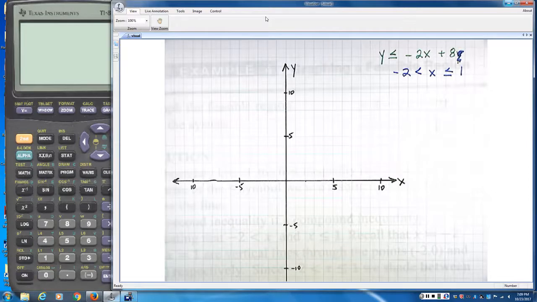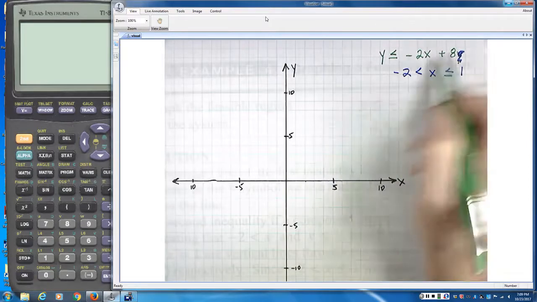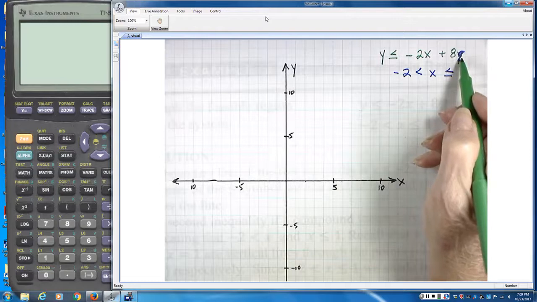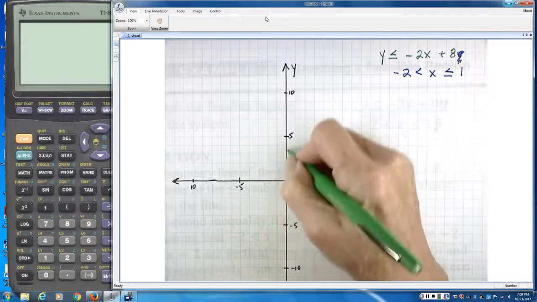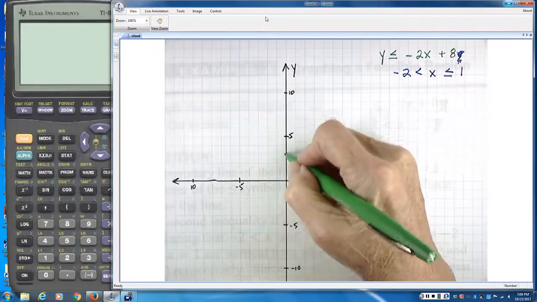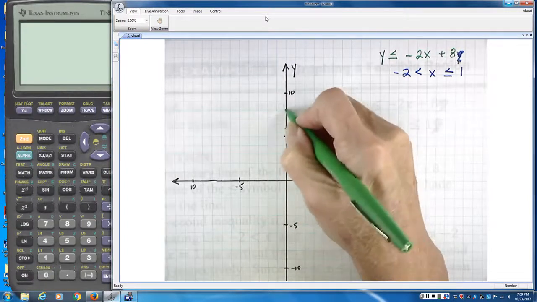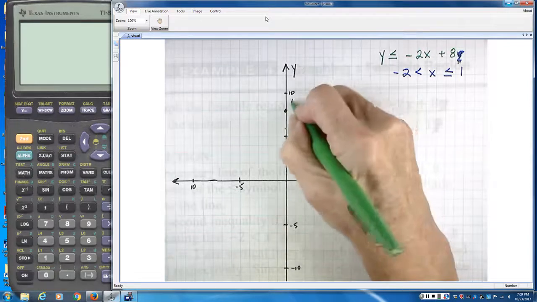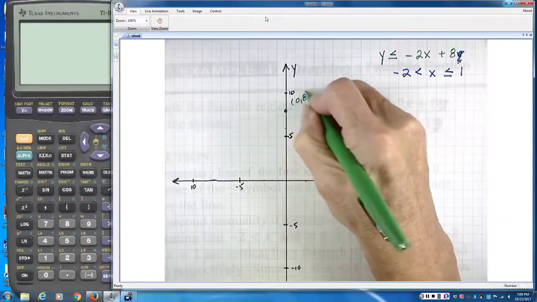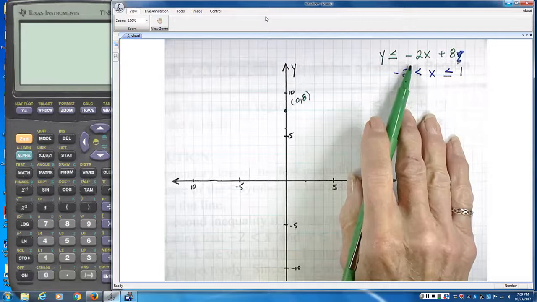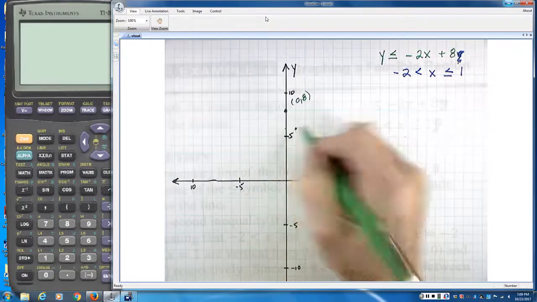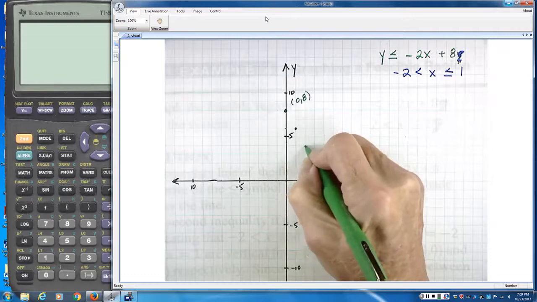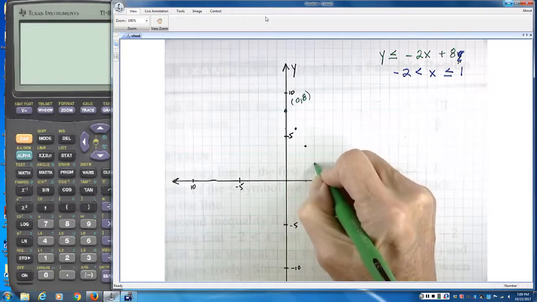So then the first thing I'm going to do is graph the boundary of y equals negative 2x plus 8. So I know that the y-intercept is going to be 0, 8. So 6, 7, 8. And from there, I'm going to go down 2 and right 1. And then down 2 and right 1. And down 2 and right 1.